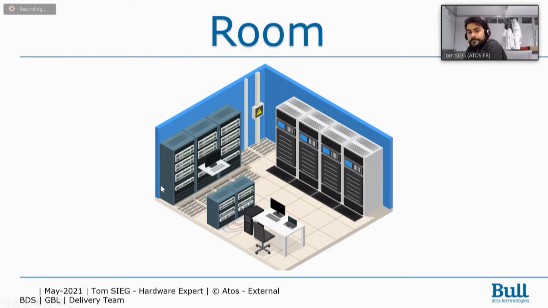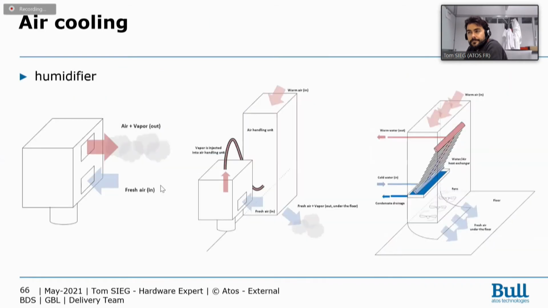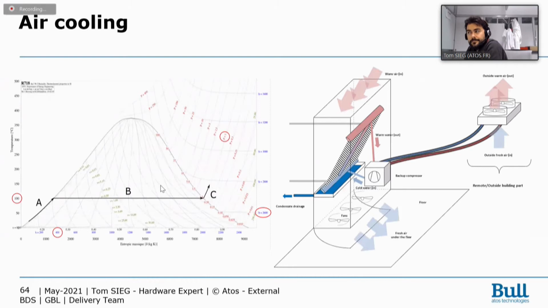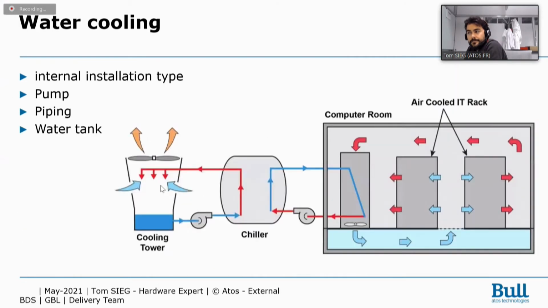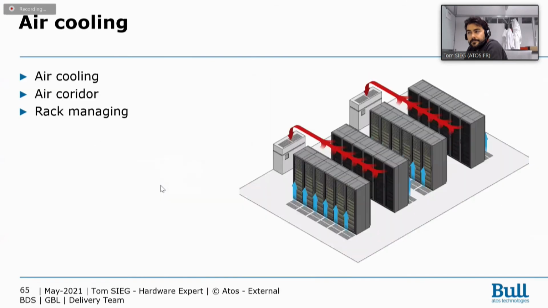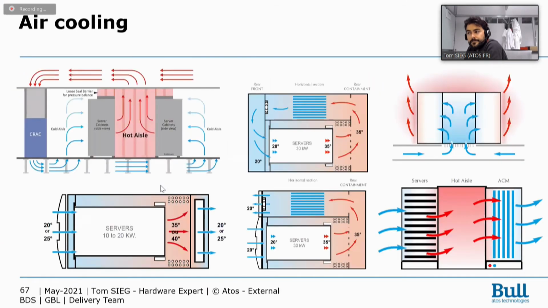The cooling of the room and the cooling of the data center. If you cool the data center, can someone stay there? Because what I'm seeing at the end of your presentation is like someone can stay inside the data center.